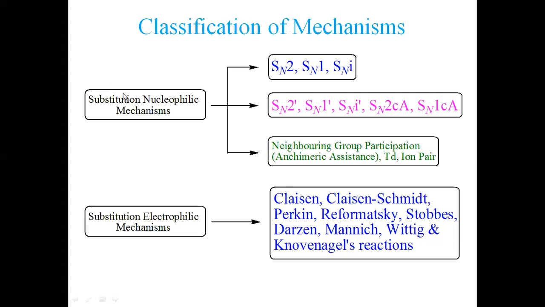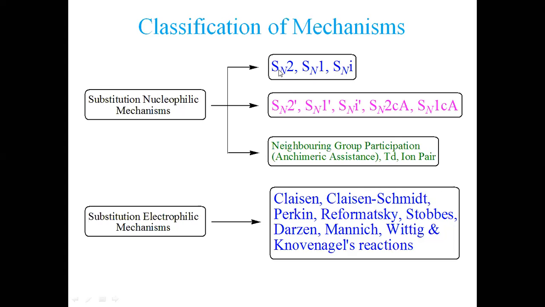So first look at substitution nucleophilic. The one we have presented on the left hand means our substrate is electron deficient reacting with a nucleophile. So we have three different sets of mechanisms, although I shouldn't call them three different kinds. All of them are different from each other as well. I have generally highlighted them on the basis of the nature of the substituent, the nature of the aliphatic system. It may be SN2, SN1 or SNi.